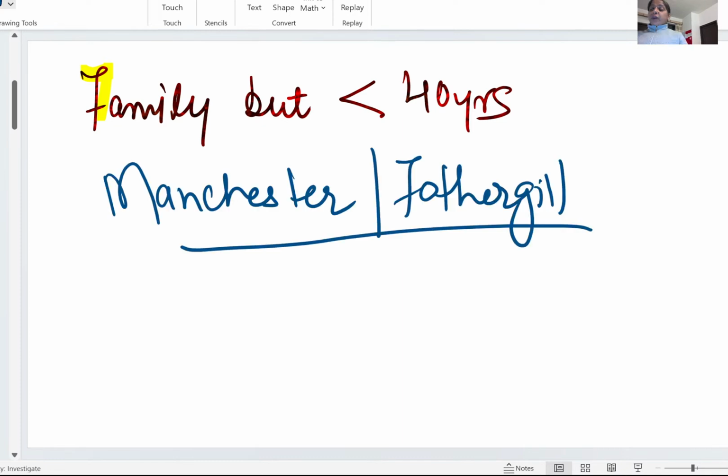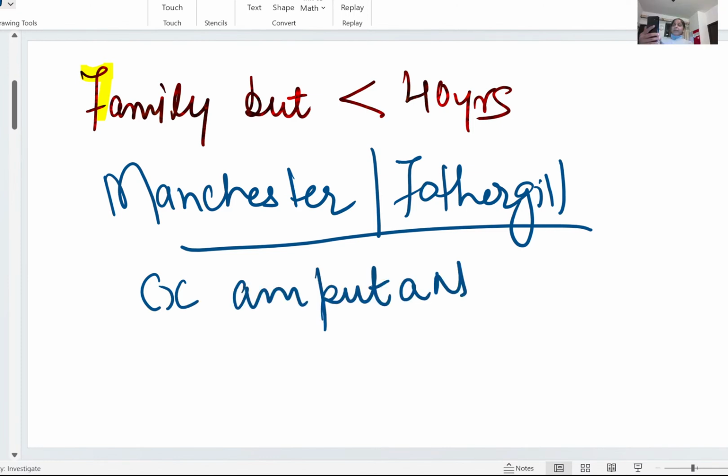Can anybody tell me? We do cervical amputation. We cut the cervix. How will you remember? Manchester and Fothergill.